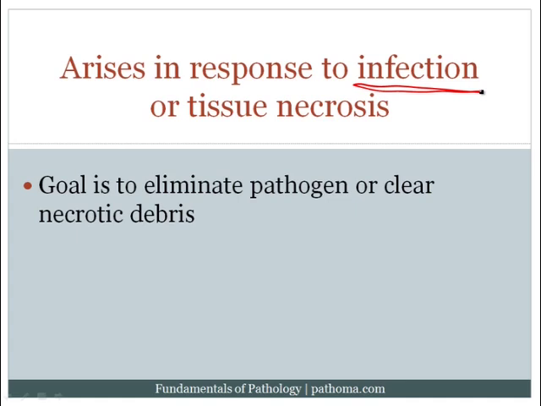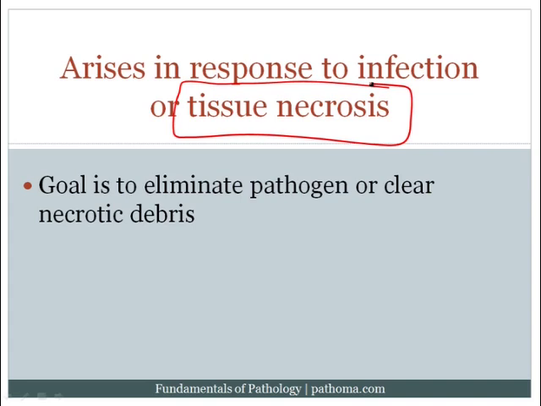So I don't think that is so important at this particular junction, because we're familiar with it. But what perhaps is a little more important is the fact that tissue necrosis is something that leads to acute inflammation. And this is the second major stimulus of acute inflammation.